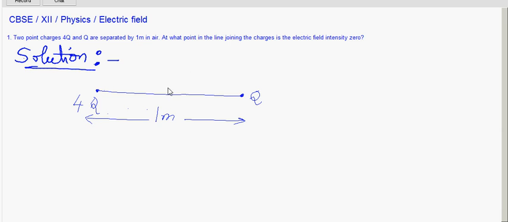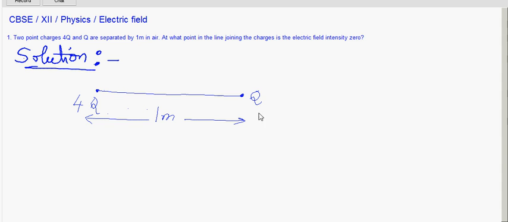Now at what point in the line joining the charges is the electric field intensity 0? This blue color is the line joining the 2 charges. At some point here the electric field intensity is 0. So we have to find out at what point on this line it is.